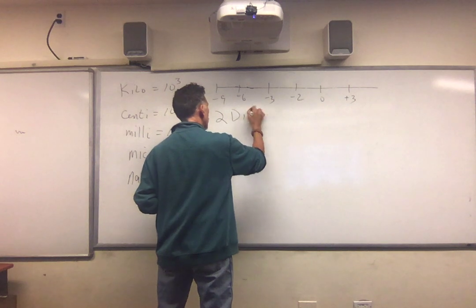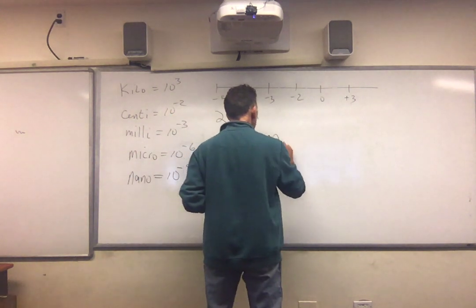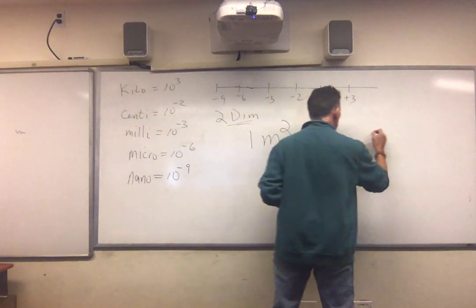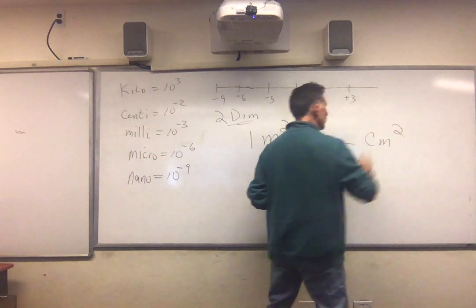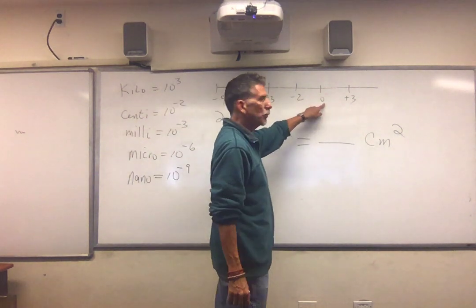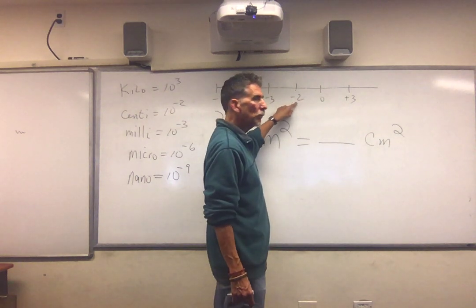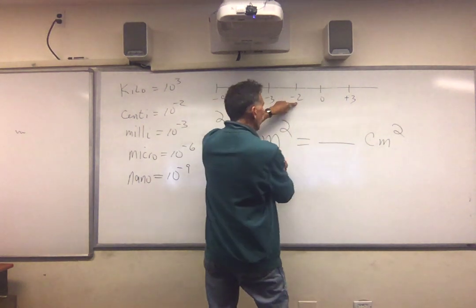Two dimensions. So let's do something simple. 1 meter squared is how many centimeters squared? Okay? Well, meter is here. Centi is here. A centimeter is smaller than a meter.